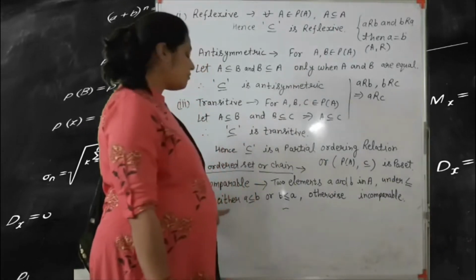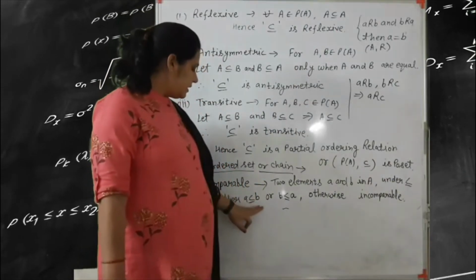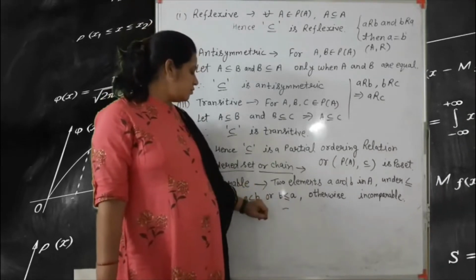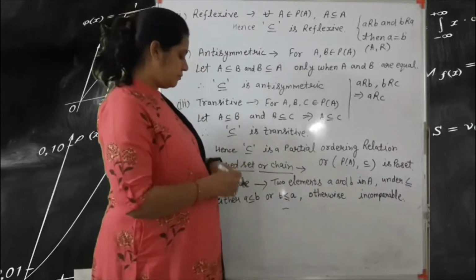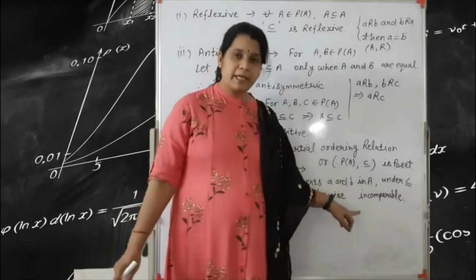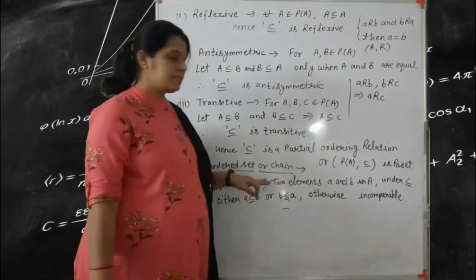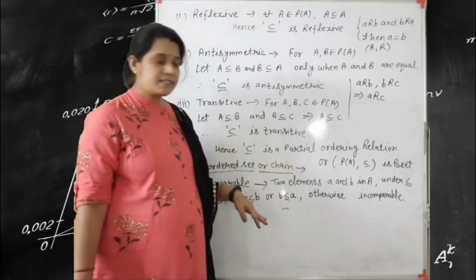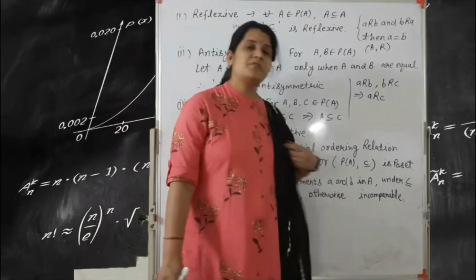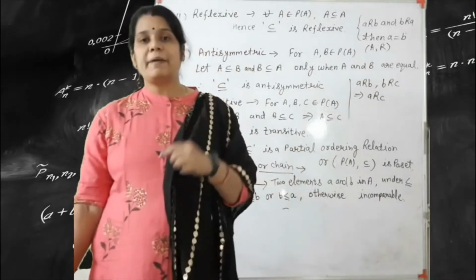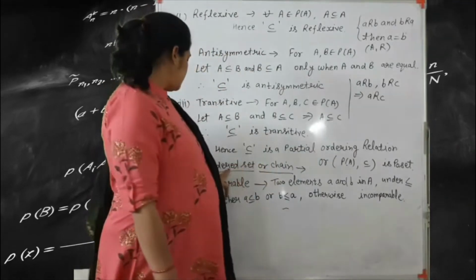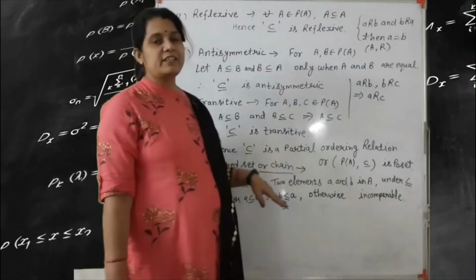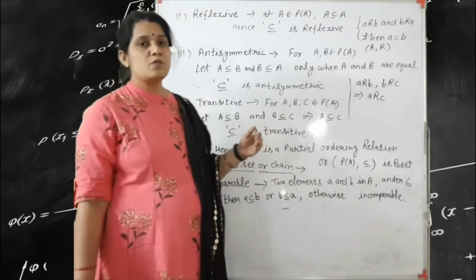So if either A less than or equal to B, or B less than or equal to A, then we can say that this is comparable. And if this condition is not satisfied, then we can say that this is incomparable. Okay, so a totally ordered set or chain means all these points are included in their Hasse diagram.